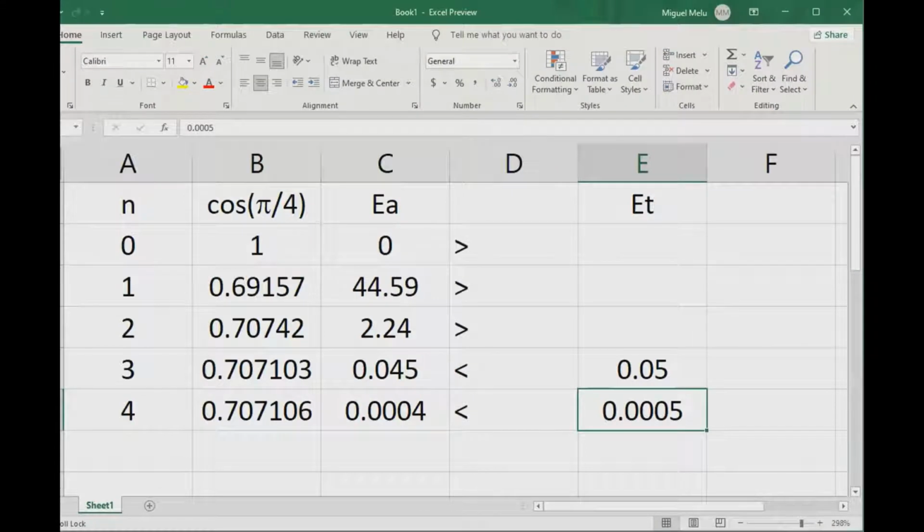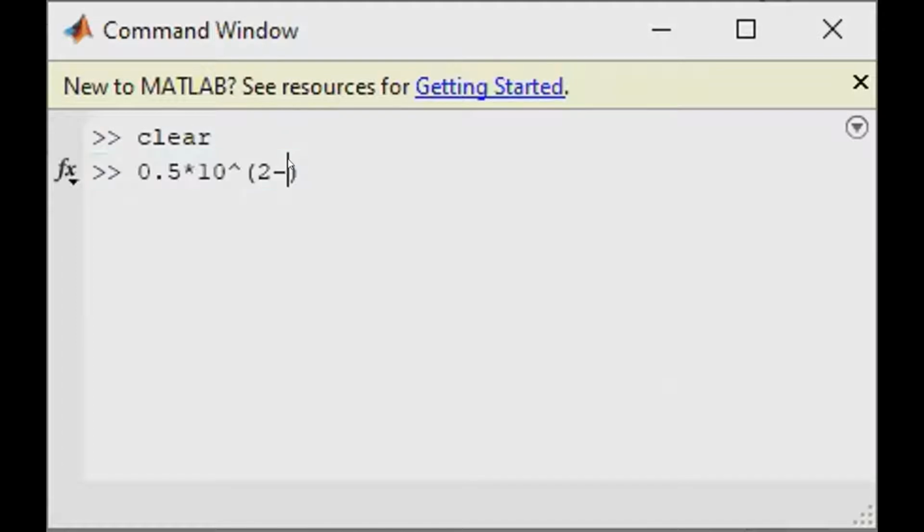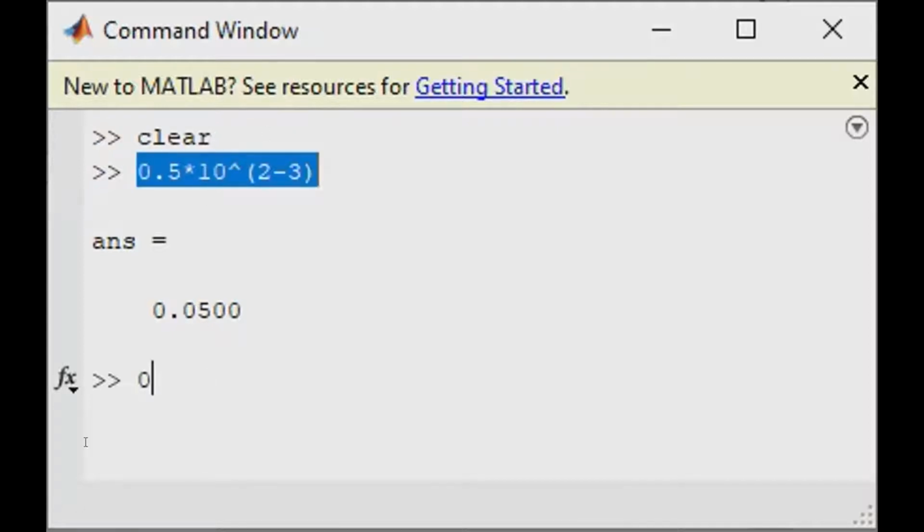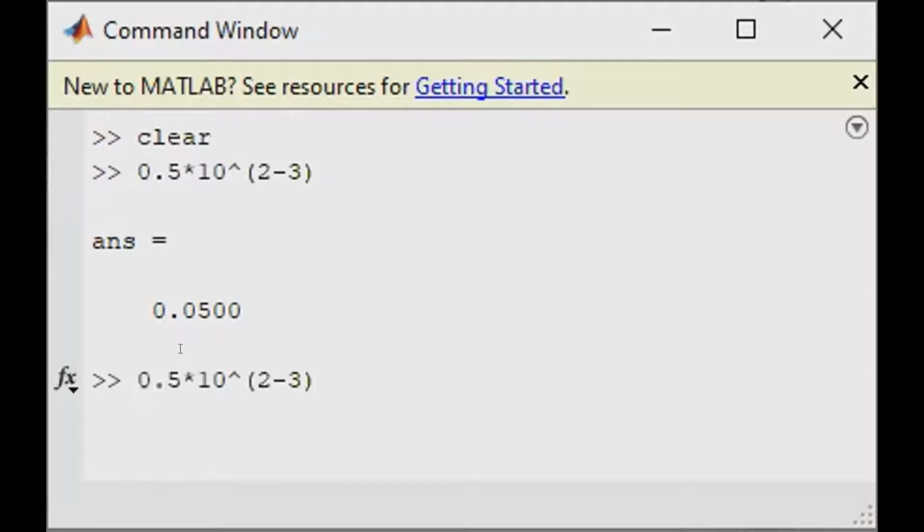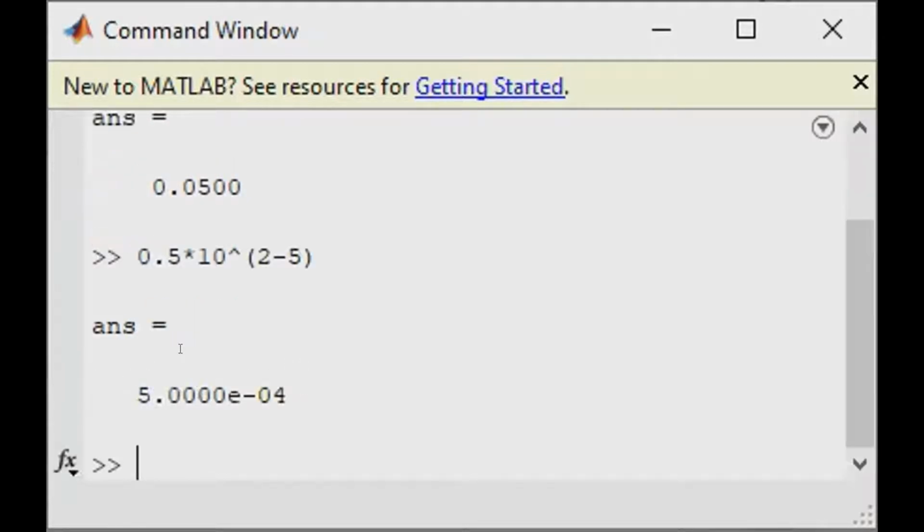Let's call on the command window, where it can act as a calculator. So 2 minus 3 gives 0.05, as you can see. Then let us repeat the same for 5, which gives 5.000e-04, so it will be times 10 to the power of negative 4, which is 0.0005.